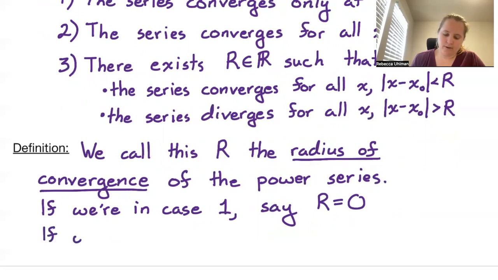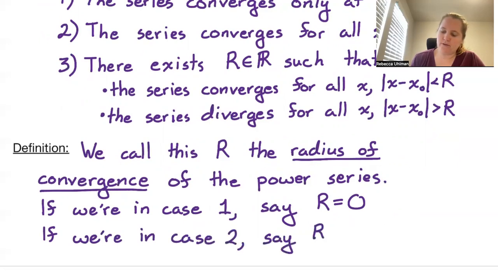And if we're in case 2, then we say the radius of convergence is infinite. So if we have a finite radius of convergence, then it precisely matches the R from the theorem. And otherwise, if it's just at x naught that the series converges, we say R equals 0, the radius of convergence is 0. And if it converges for all real numbers, then we say the radius of convergence is infinity.